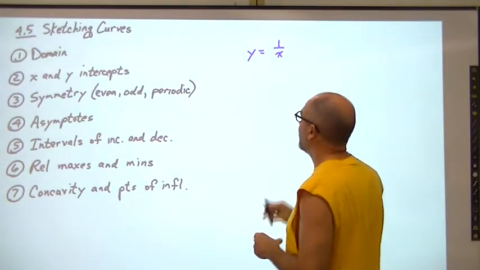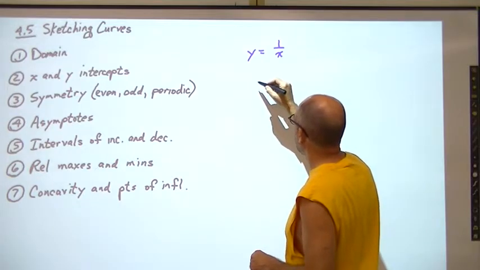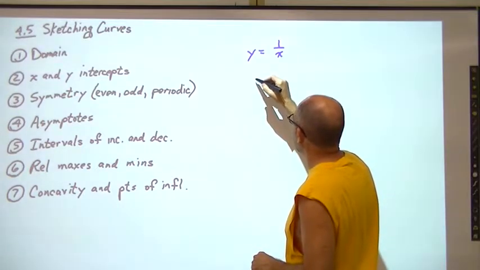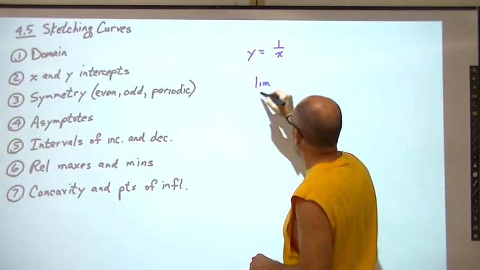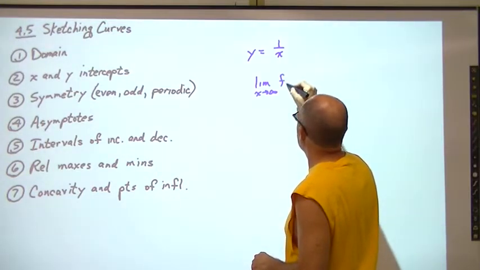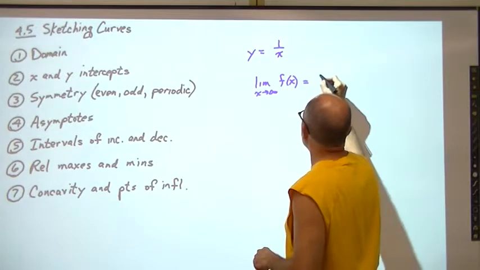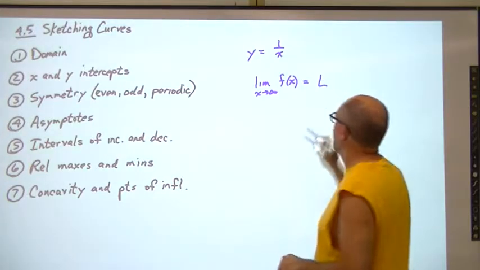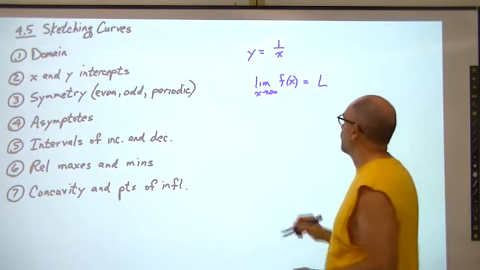So horizontal asymptotes would be the limit as x approaches infinity of f of x. That's going to be some y value that's going to be the horizontal asymptote.